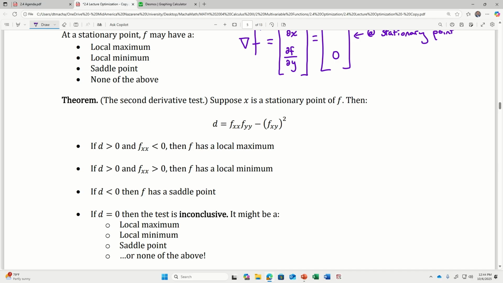If that number lowercase d is negative, then f has a saddle point. And if that number is equal to 0, then the test is inconclusive again. And if it's inconclusive, that means we haven't learned anything new about our function at all. We don't know if that stationary point is a local maximum, a local minimum, a saddle point, or maybe it's none of the above.